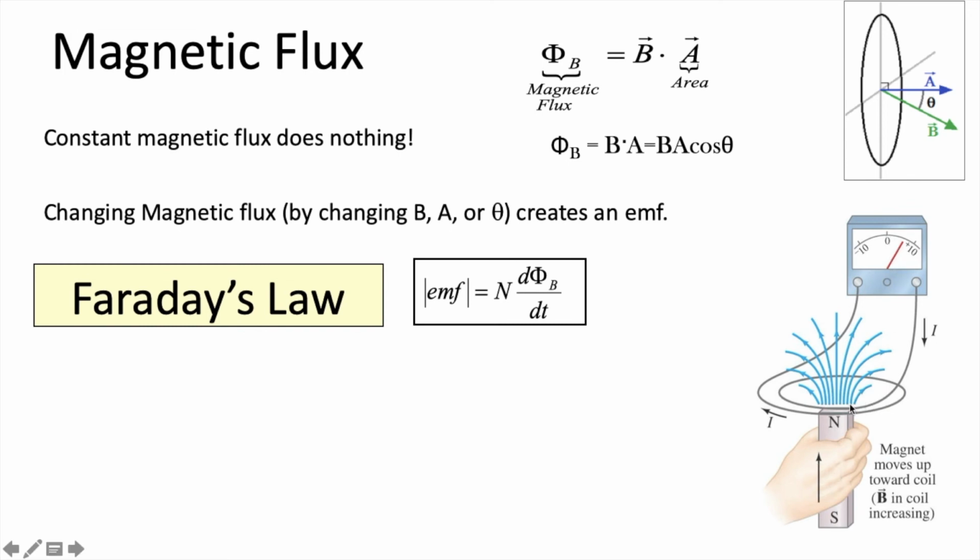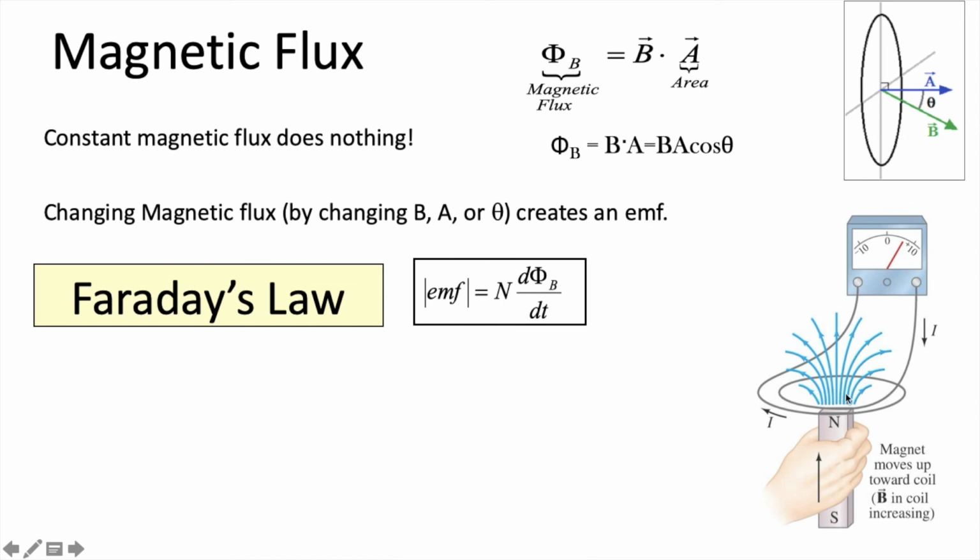But whenever the magnet is moved up or down, that's why it is the rate of change of flux. As the magnet was moved up and down, the magnetic flux going through the loop would change, and that would induce EMF in the wire. His experiment led to this formula saying induced EMF is the rate of change of flux, and that N is there for the number of turns.